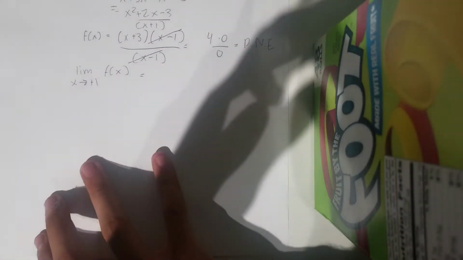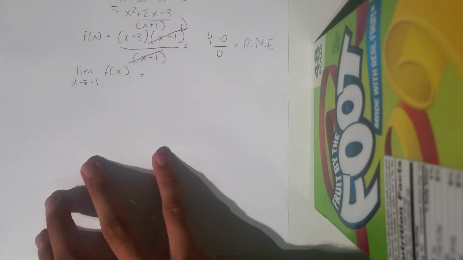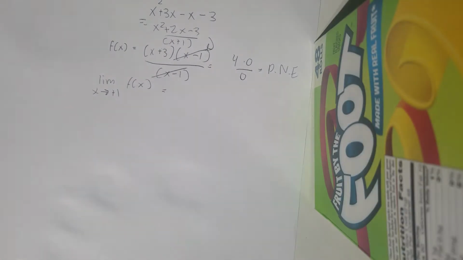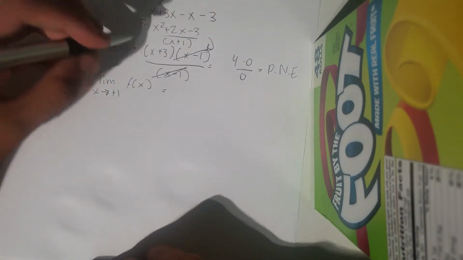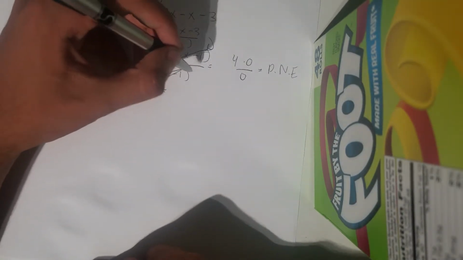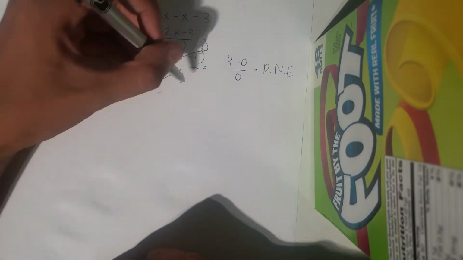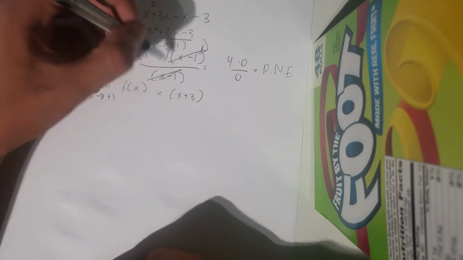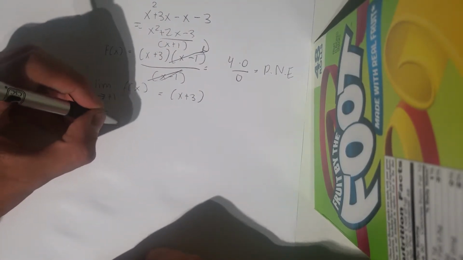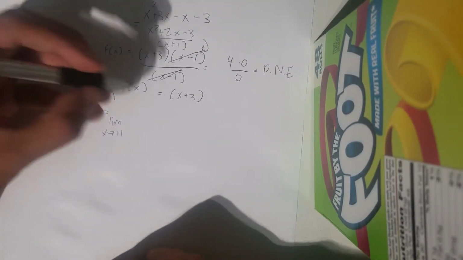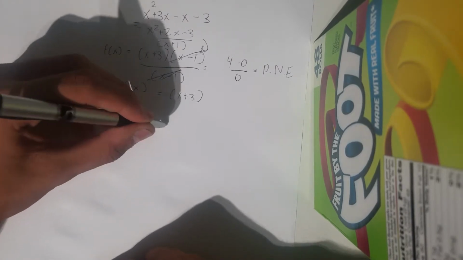You can factor that, and then you cancel the x minus 1, so it would not be over 0, and you get x plus 3 as the final part. Then the limit as x approaches positive 1 of x plus 3 is 4.